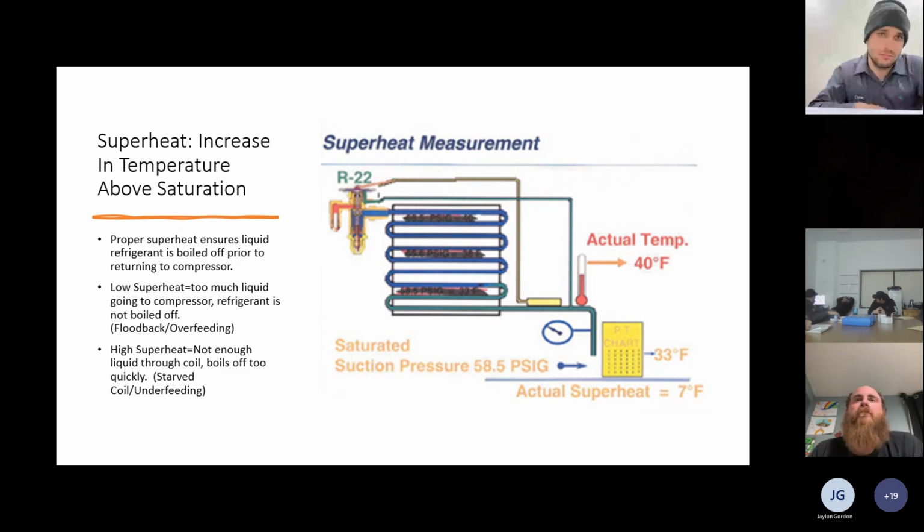So your superheat is any heat above saturation. I'll have to show you a PH chart and how those work. Those are kind of fun. They show you exactly what you're talking about when you say superheat, where it crosses the line for which refrigerant, and then same thing with subcool.